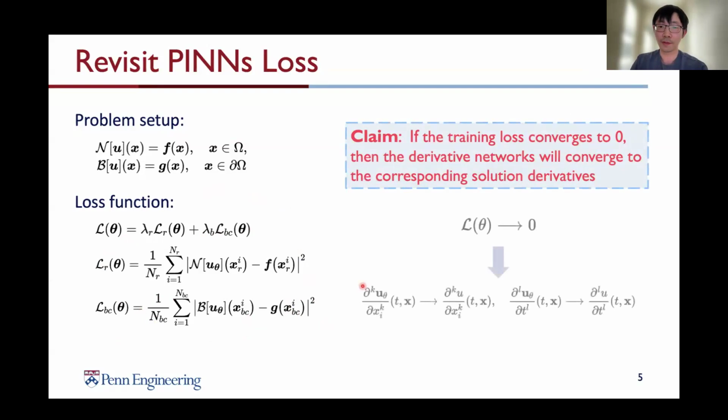More specifically, we may give such limits mathematically. Of course, such a claim cannot hold for very general PDEs, and actually this is related to the higher order estimates of PINNs. But in the next slides, I will show that at least for some classical settings, we can rigorously prove such a claim.